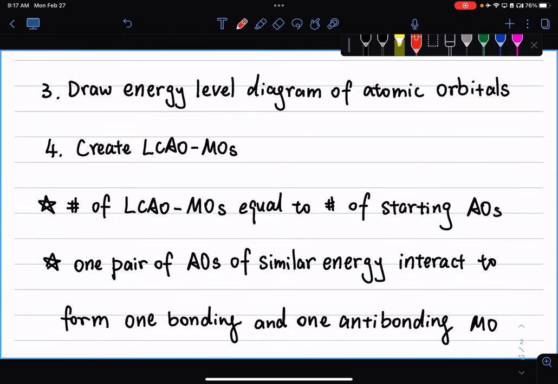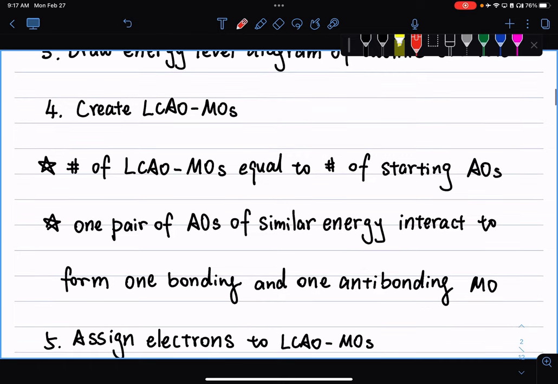So here are some of the rules you might want to keep in mind. First of all, the number of molecular orbitals created must equal the number of atomic orbitals. And then each pair of atomic orbitals of similar energy will interact to form one pair of bonding and anti-bonding MOs.